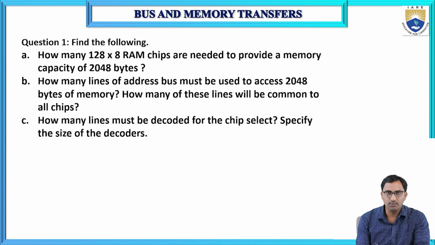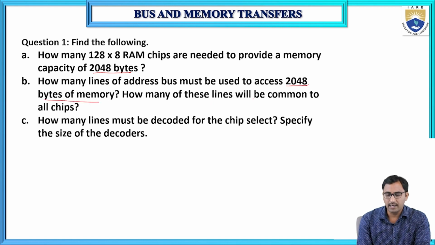So we will solve some problems on these buses and memory transfer. First question: how many 128 by 8 RAM chips are needed to provide a memory capacity of 2048 bytes? Second: how many lines of address bus must be used to access 2048 bytes of memory?